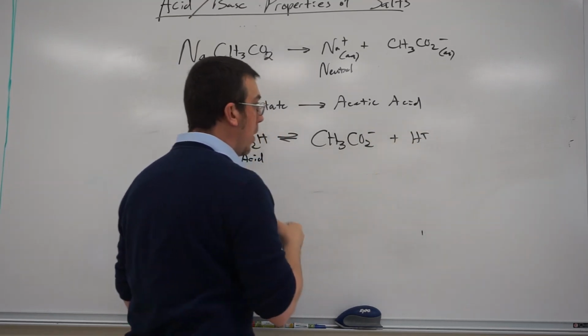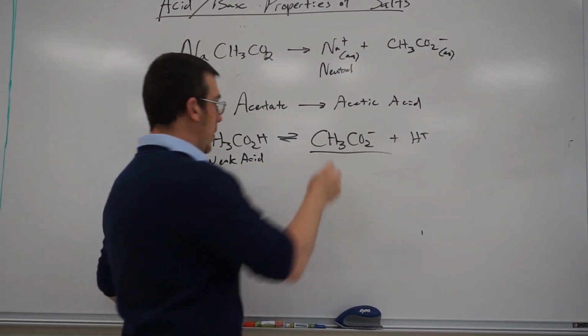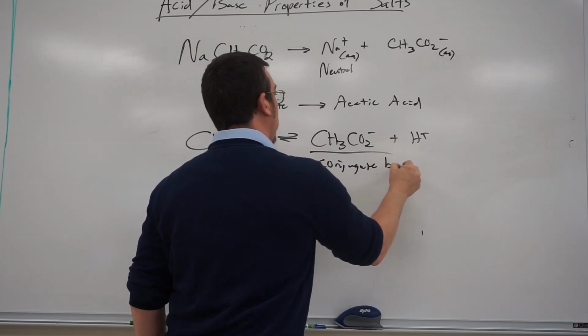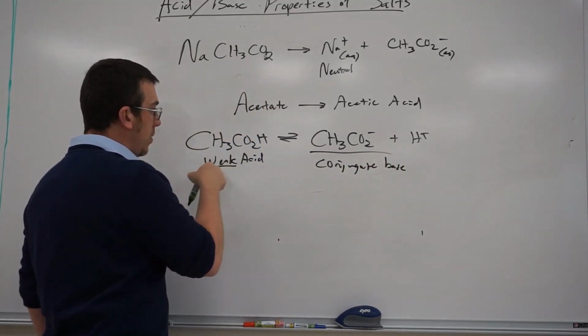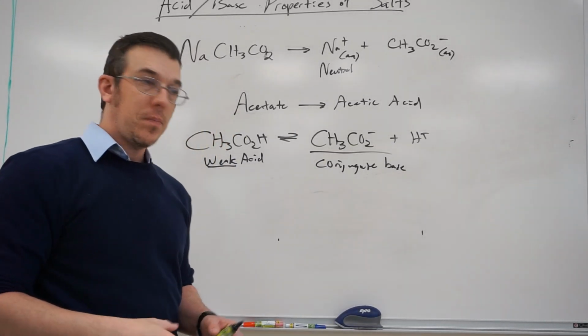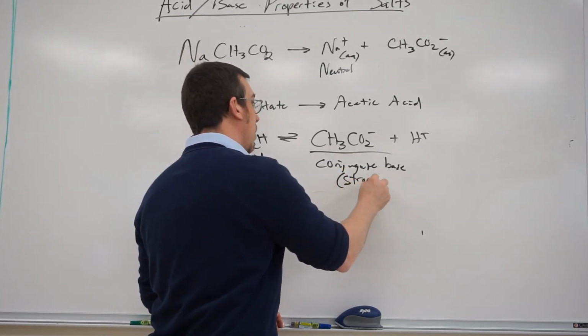We're not concerned with the hydrogen. We're concerned with this. So this is the conjugate base of acetic acid. Now we already know that acetic acid is weak. Well, that means the conjugate is going to be the opposite. So this is weak, that makes this strong.